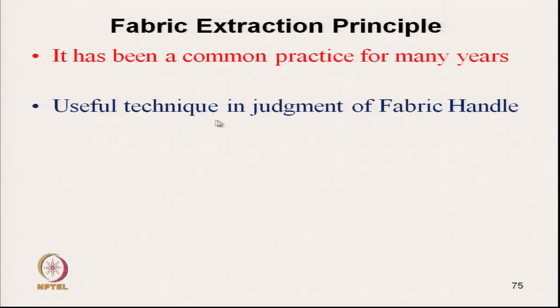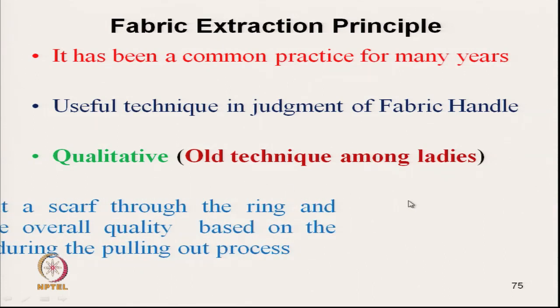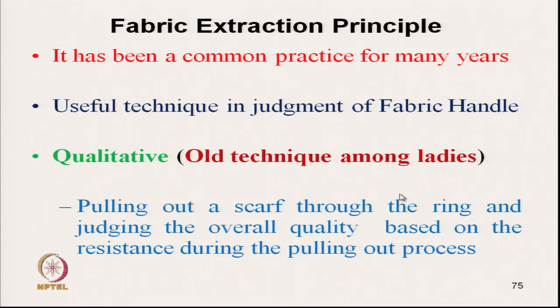The useful technique in judgment of fabric handle is a qualitative method, an old technique among ladies, where the fabric, particularly a scarf, is pulled out through a ring and the overall quality is judged based on the resistance during the pulling out process.